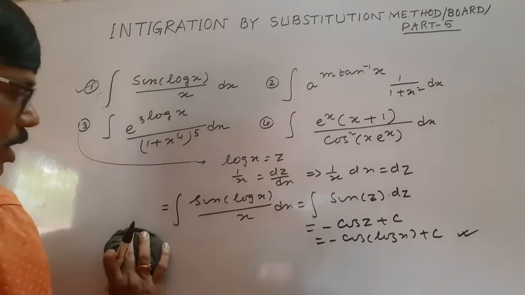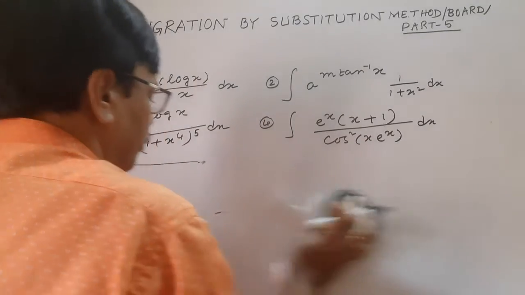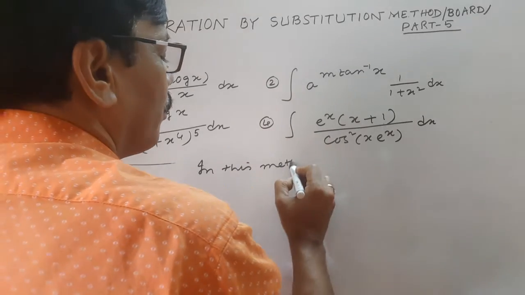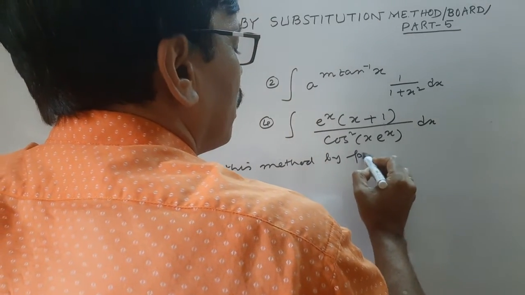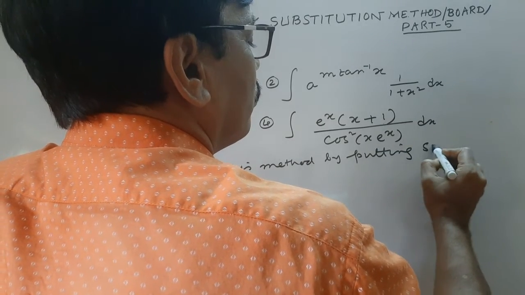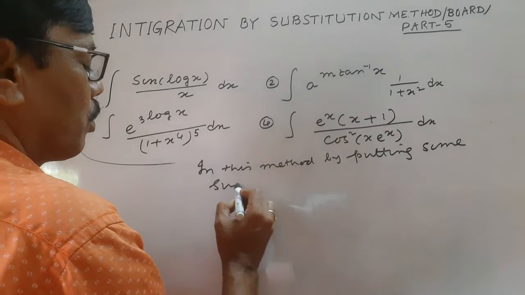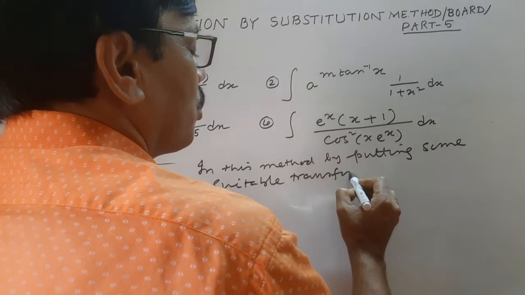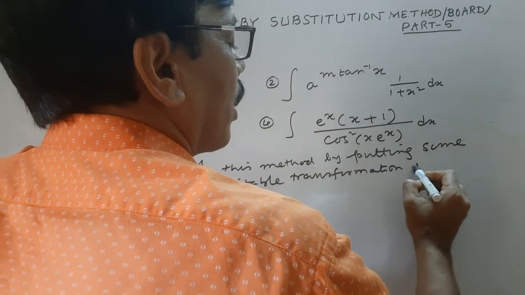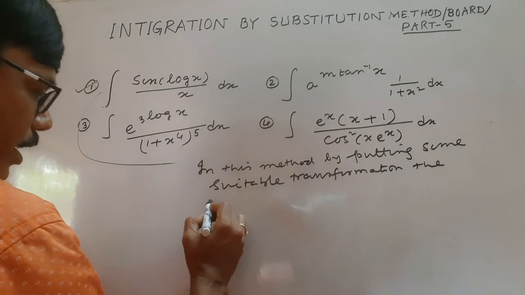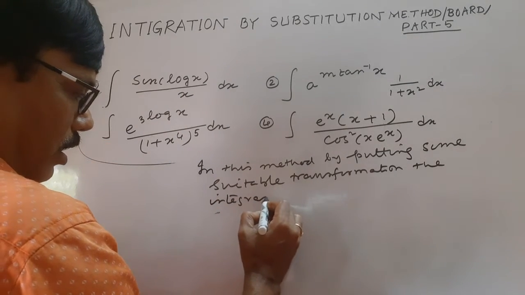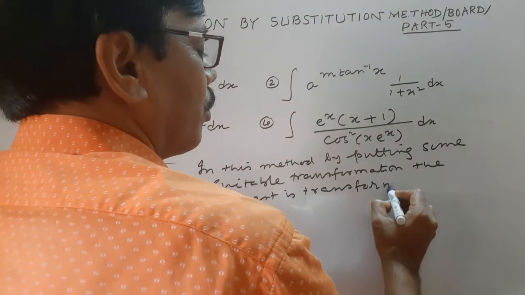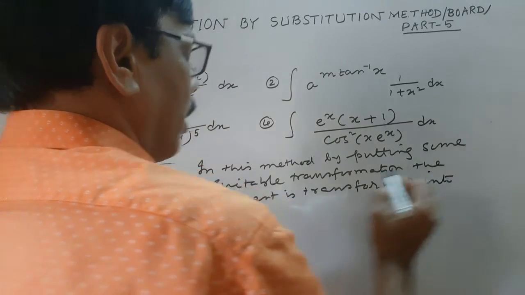So what is the substitution method? Look, in this method, by putting some suitable transformation or substitution, the integrand, the thing to be integrated, is transformed into standard form.